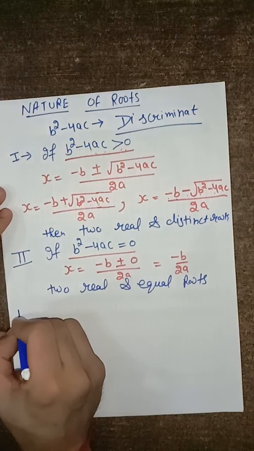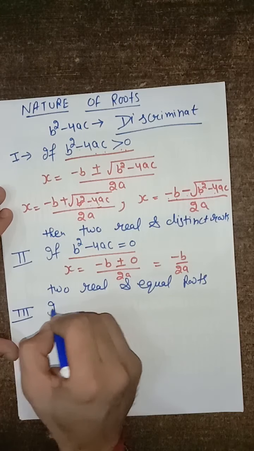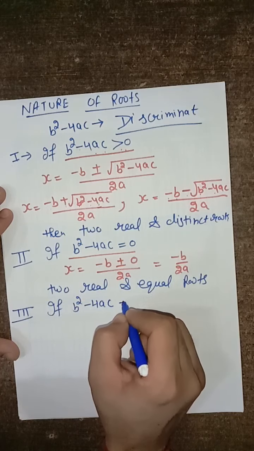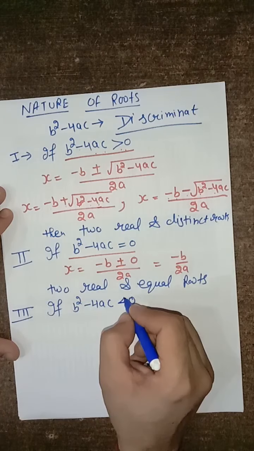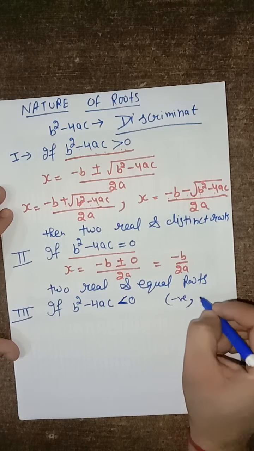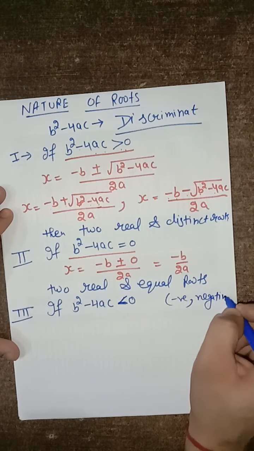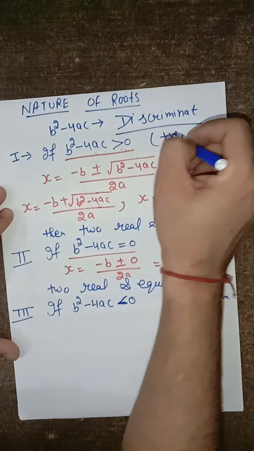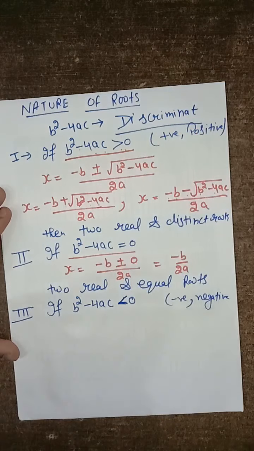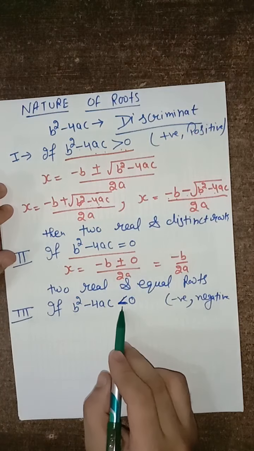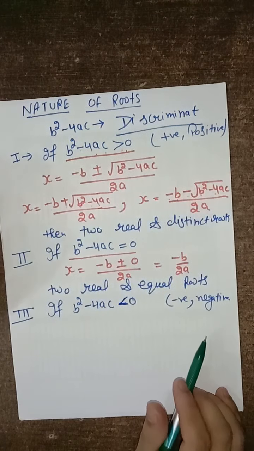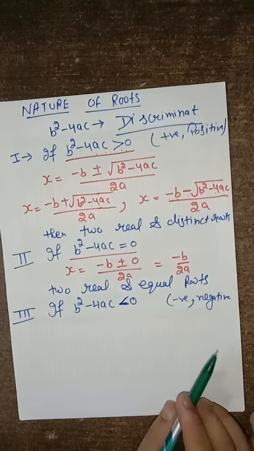And our third case is if b square minus 4ac is negative, that is less than 0. If b square minus 4ac is negative, then the square root of a negative can't be a real number.